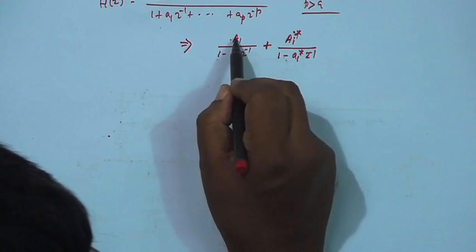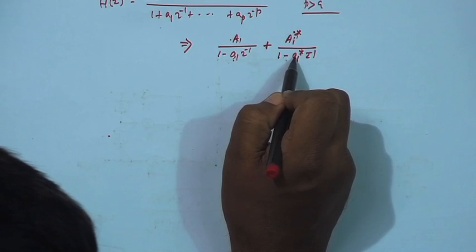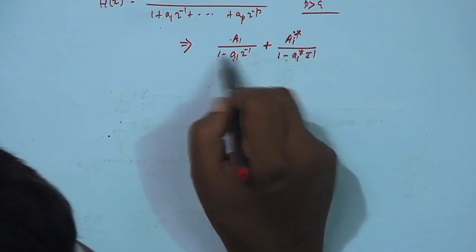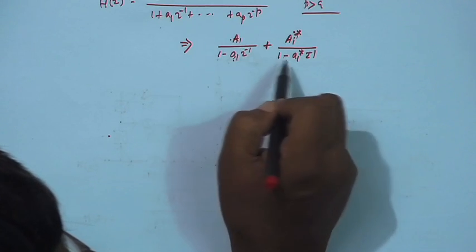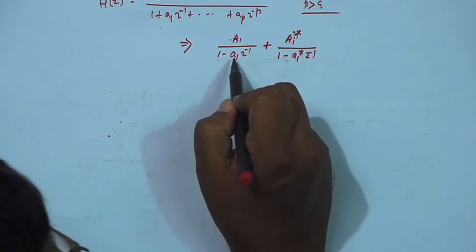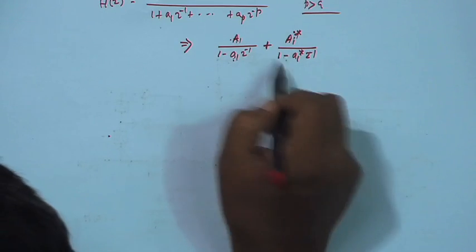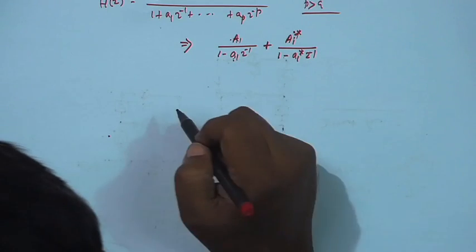Then minus a 1 star, small a 1 star, Z inverse you take common, and again minus Z inverse you take common. So, capital A 1, small a 1 star, capital A 1 star, small a 1, and they are added. They are conjugate of each other, which means again you get real.